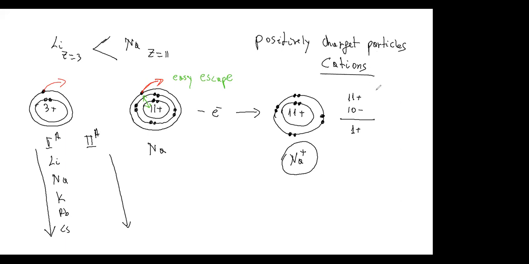They have more protons. The number of protons is higher than the number of electrons. This information about cations is very important.